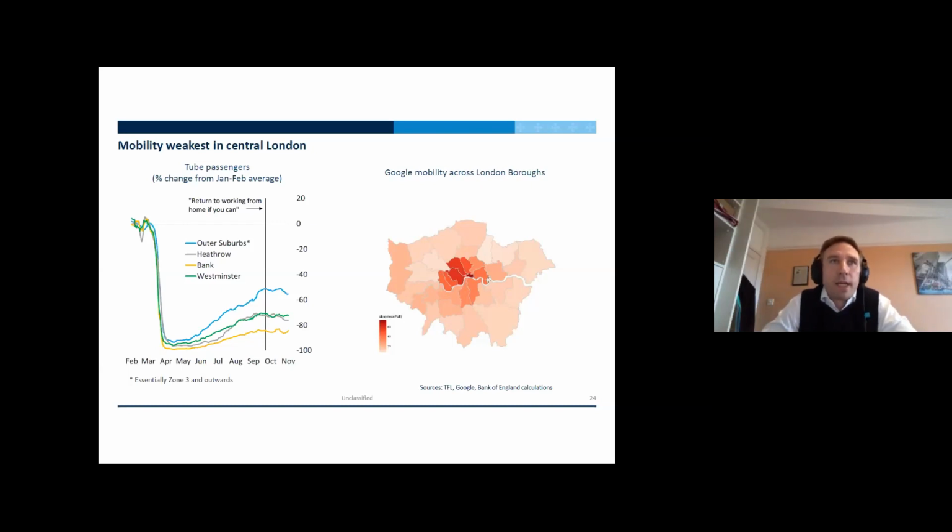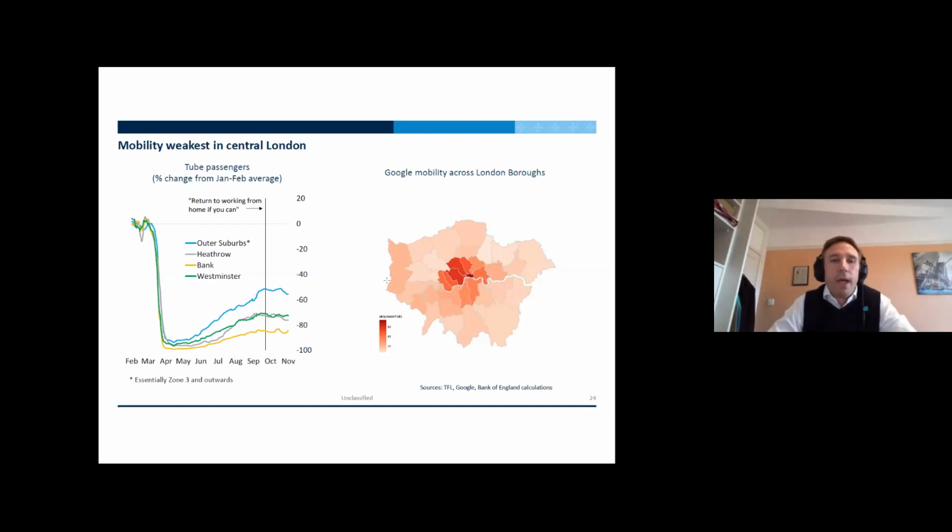So you put the two together, the evidence from the Bank tube station data, for example, and you get this story of central London being particularly hard hit since COVID. Perhaps people working from home more, maybe less tourism into the UK consistent with the flights data, and that would seem to chime with some of the reports you do get from some of the retailers in central London. So again, you're using faster indicators to build a picture of what's going on in the economy.